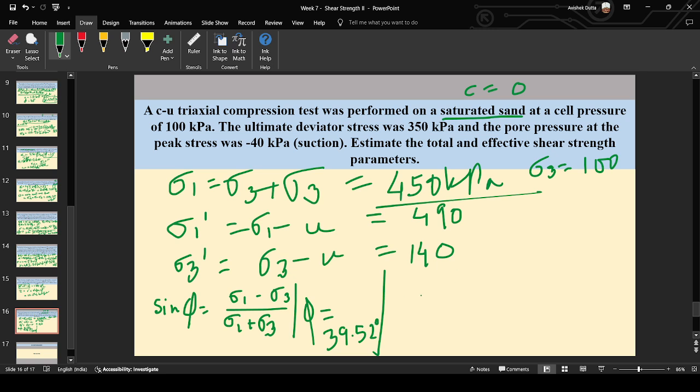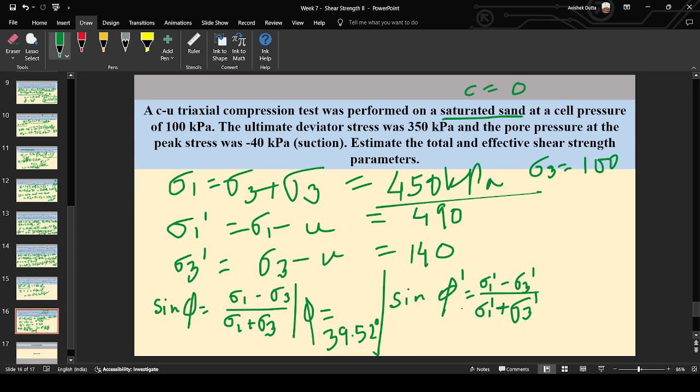Now for the effective stress parameters, we write the same equation: sine phi dash, the effective angle of friction, equals sigma 1 dash minus sigma 3 dash divided by sigma 1 dash plus sigma 3 dash. Because we are finding the effective friction, we use effective sigma 1 and effective sigma 3.